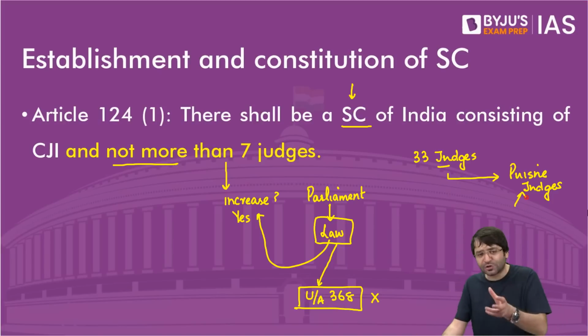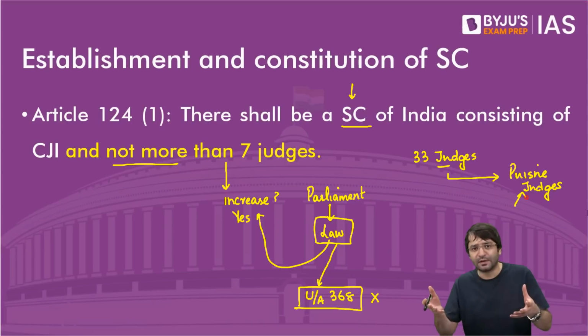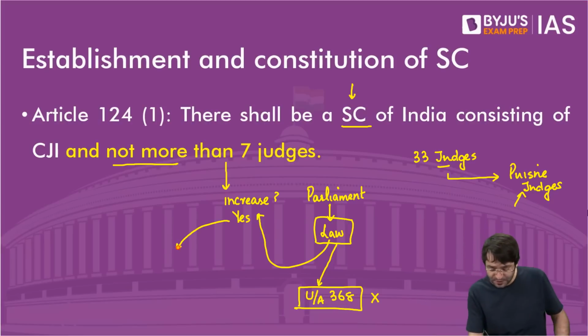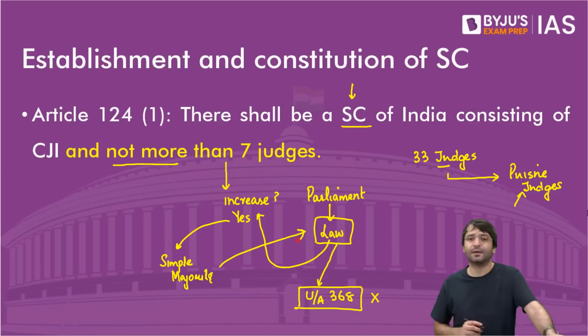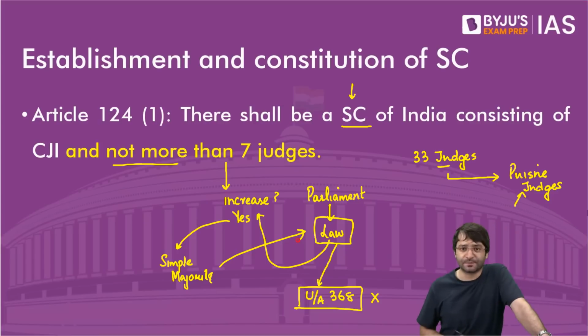But what is the process of increasing the number of judges? Parliament has to enact a law, which is passed through simple majority, and this can increase the number of judges.